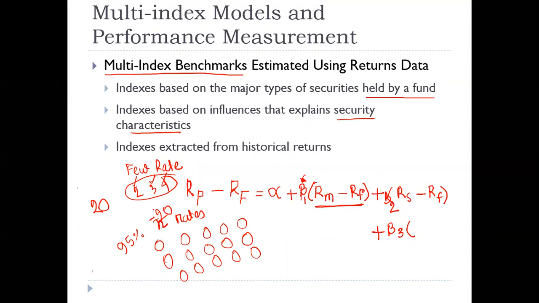So this kind of analysis is known as principal component analysis or PC analysis.